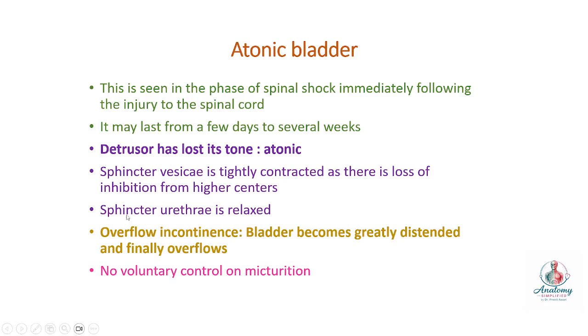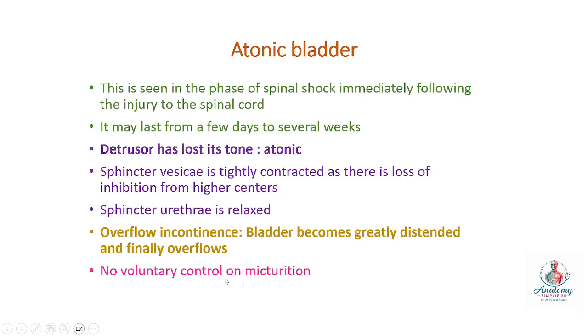So, what will happen? There will be collection of urine. The bladder muscle is not able to sense whether the urinary bladder is filled or not, and the bladder keeps expanding in size. The bladder becomes greatly distended and finally it overflows.